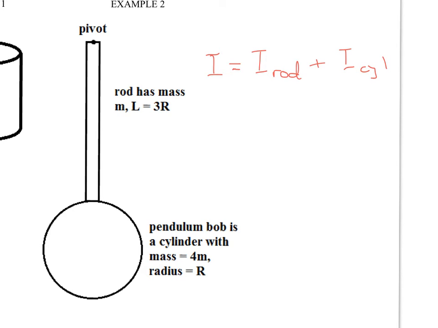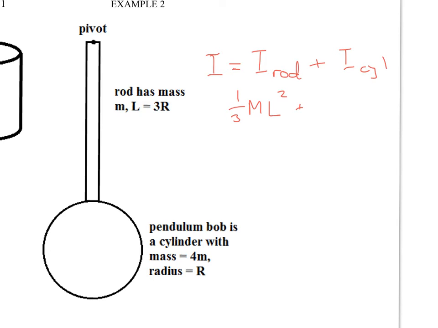For the rod, on page 287, you look up the moment of inertia and you discover it is 1/3 ml squared. Then it says that L is 3r, so in a minute we'll plug in for that. For the moment of inertia of the cylinder, though, we can't actually just use 1/2 mr squared.